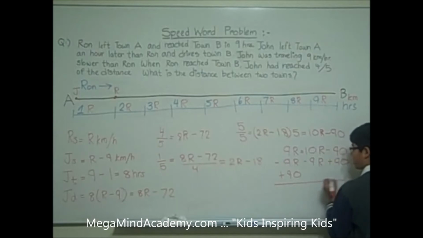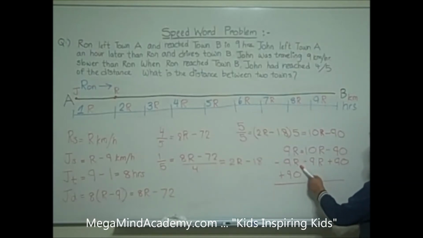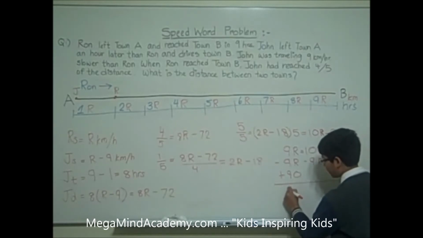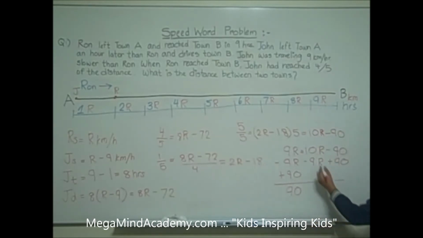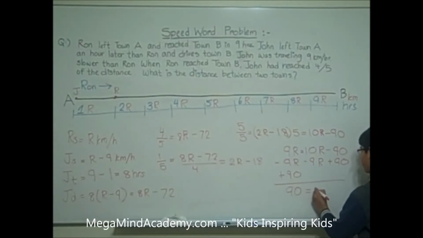So this is equal to 9R minus 9R is 0, plus 90 is 90, and 10R minus 90 plus 90 is 10R, minus 9R is equal to R. So this means that 90 is equal to R.